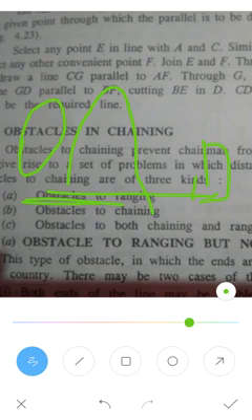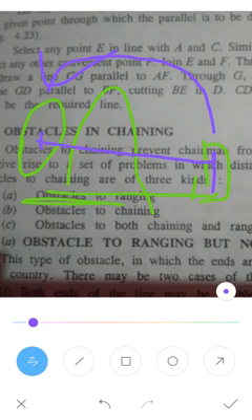We can't see the road from the civil department building, and we can't keep a tape and measure from the road to our building because of this hill. This is called obstruction. One is chaining and another is ranging. These two we can't do.